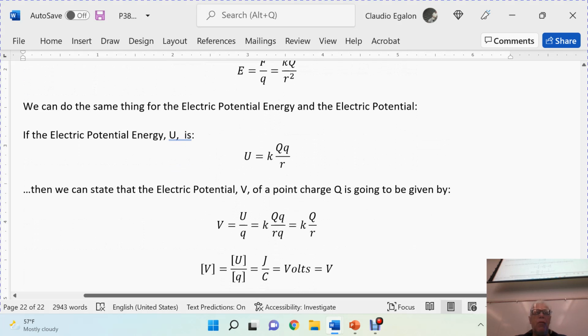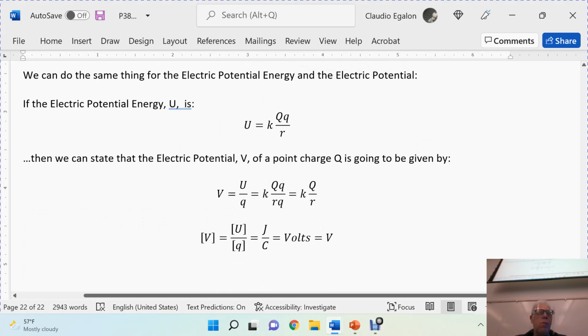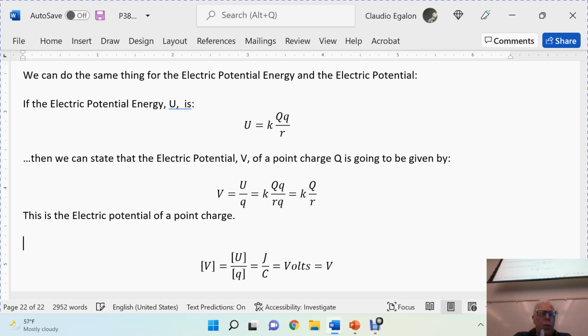This is the electric potential of a point charge. The unit of electric potential is volts.